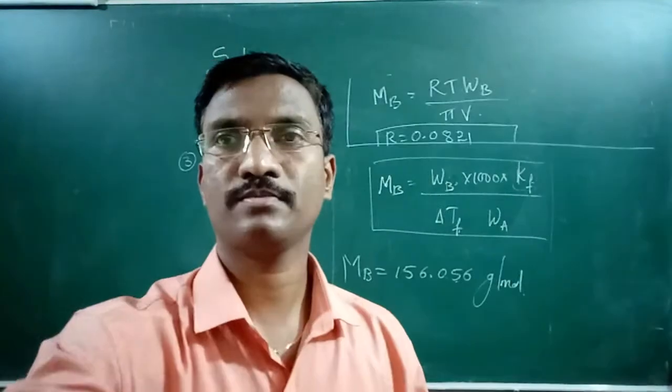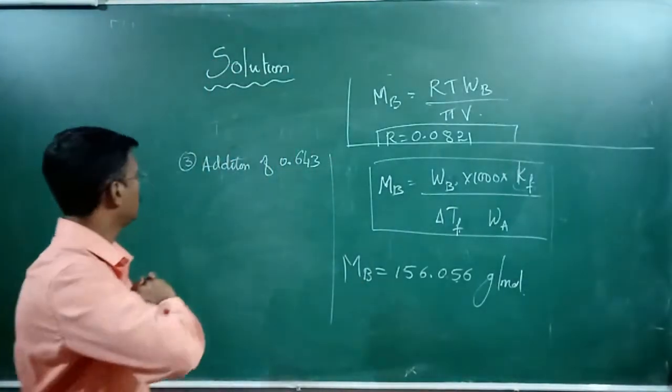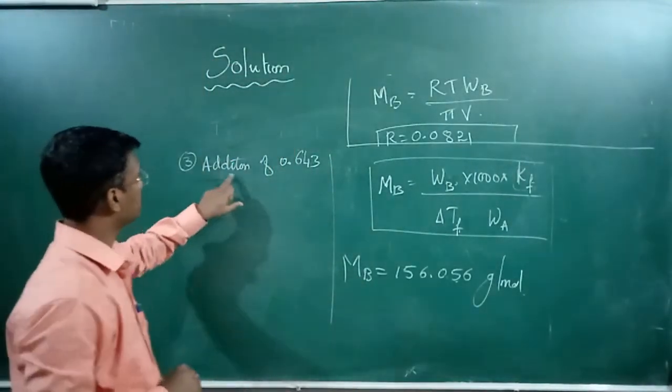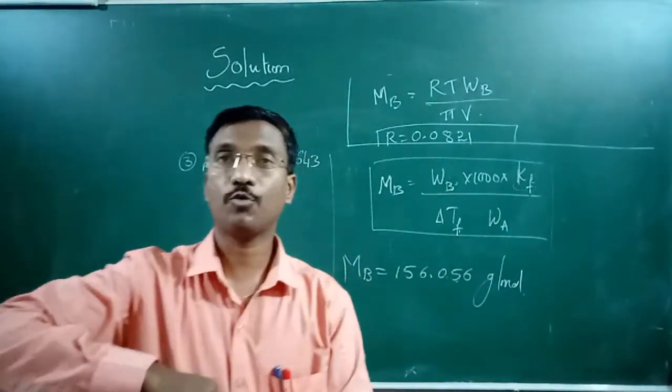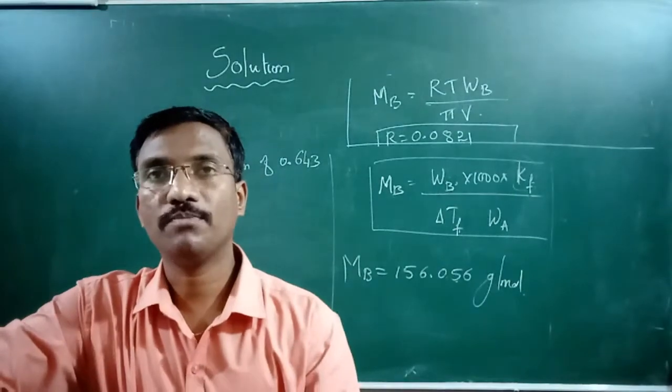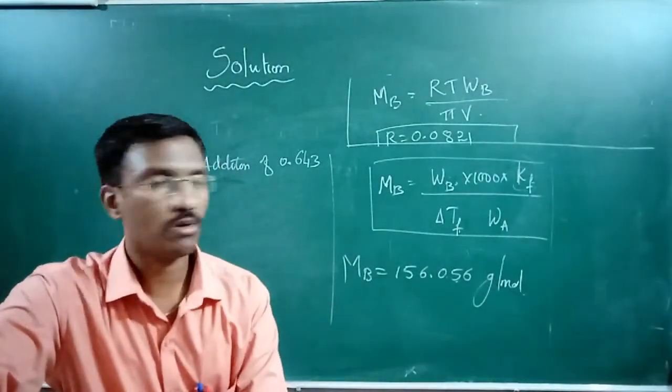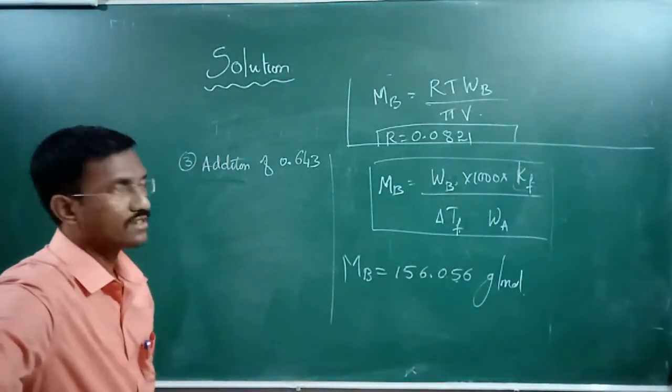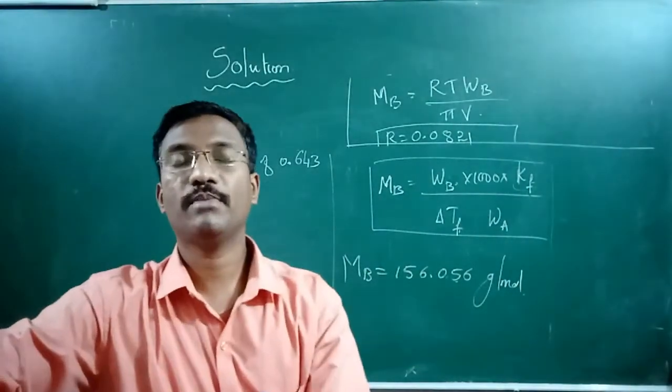In the third problem, at the beginning, 0.643 of the compound solid is added. So in this third problem, I have given all the given data and the problem also, whereas the final answer I kept as a question mark, but you have to solve that one.